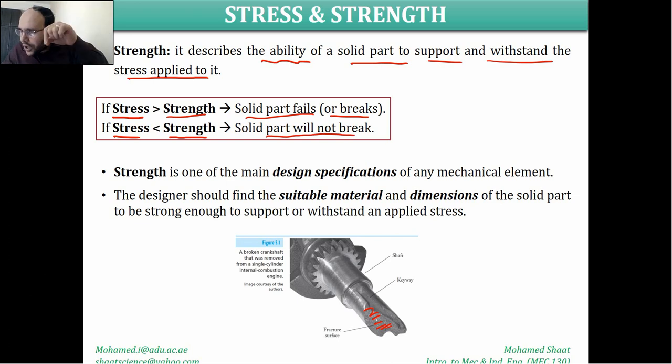This strength is a well-known value that depends on the material type, and some other measures related to the size can be included in the factor of safety. But anyway, there is a specific strength to this shaft that we are pretty sure of. We know this value, so we have a certain limit. This is our maximum limit. We shouldn't load this shaft with a stress exceeding this limit, otherwise this shaft will be fractured.